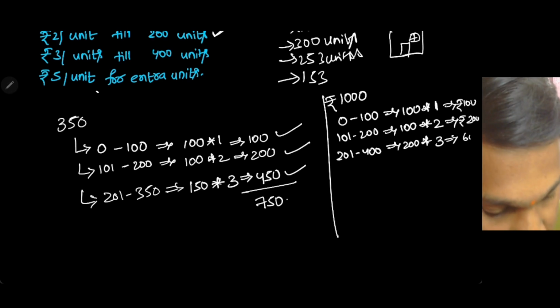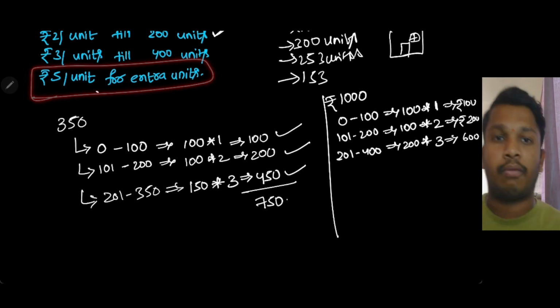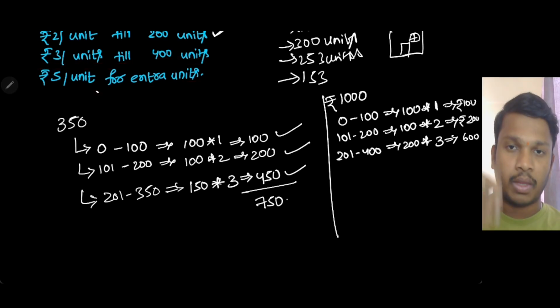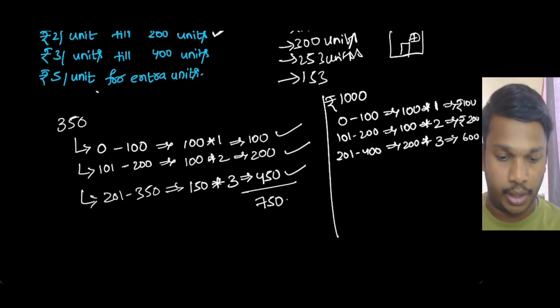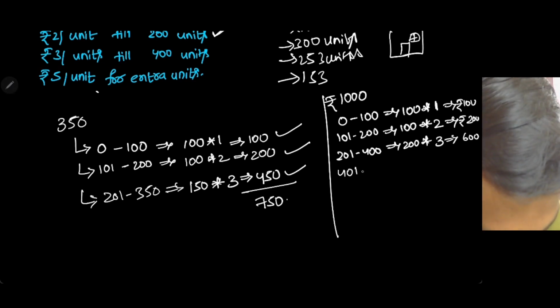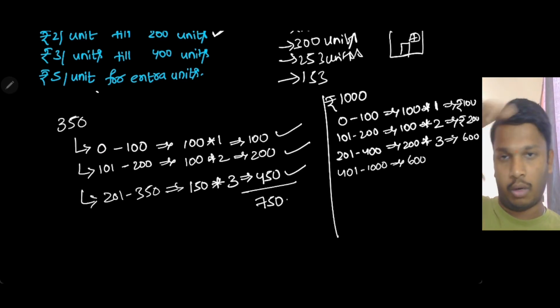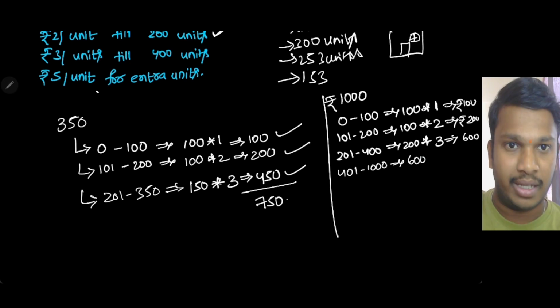He will pay 600. Next, from 400 onwards, you need to pay 5 rupees per unit. So 401 to 1000, total how many units? 600 units.